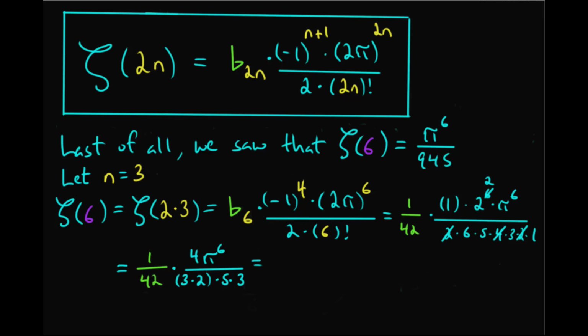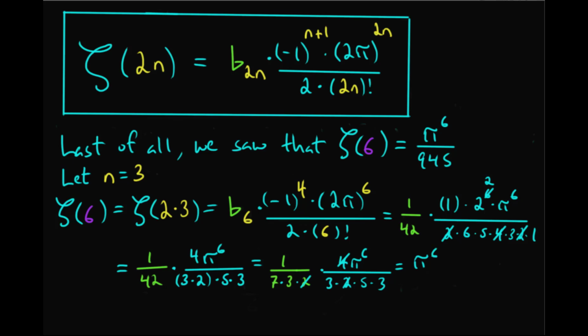And this will equal, now just bringing everything into prime factorization, 1 over 7 times 3 times 2 times 4 pi to the 6th over 3 times 2 times 5 times 3. Well, I have two 2's in the denominator and a 4 in the numerator, so those terms will cancel each other.